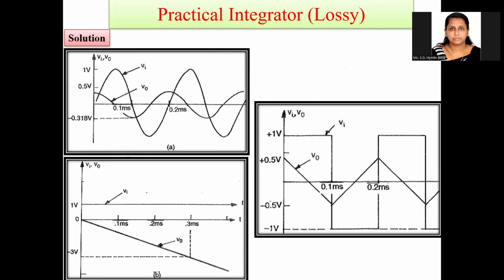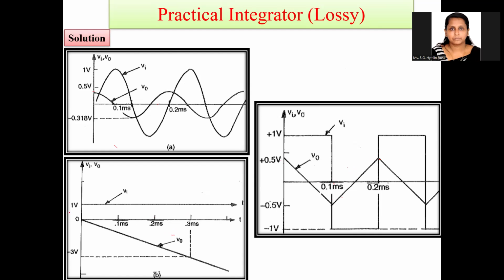So see the diagram. If you give a sinusoidal input, you'll be getting a cosine signal output. For a square wave input, it will be integrated up to 0.1 milliseconds, and then it will range from 0.1 to 0.2 milliseconds. The output for each of these half periods will be a ramp, as seen from the step input.